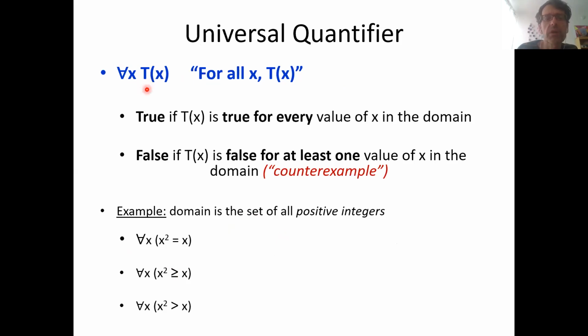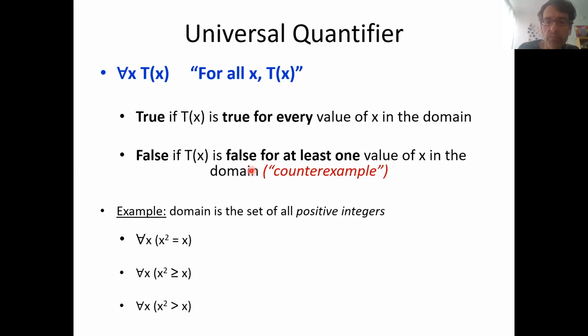So we read it differently, because we say for all instead of there exists, but also we don't say such that. English wouldn't render this correctly, right? So the statement is true if for every value of x in the domain, t of x holds, false otherwise.